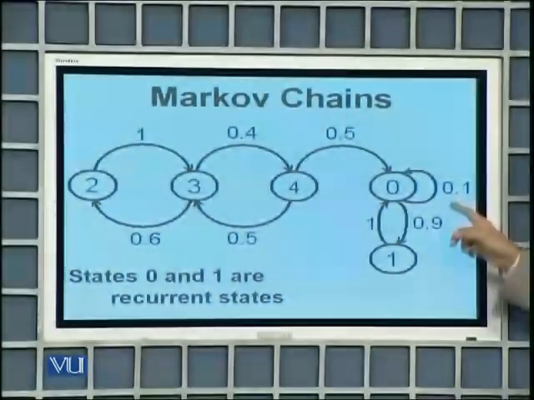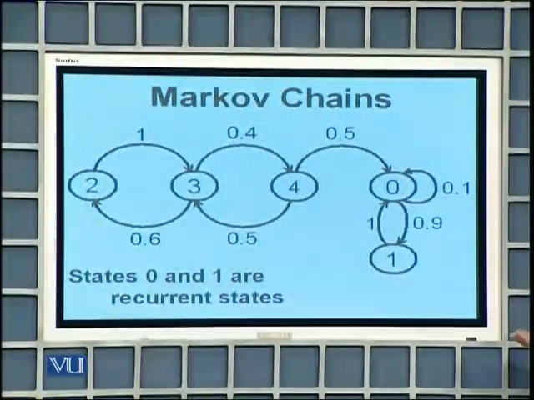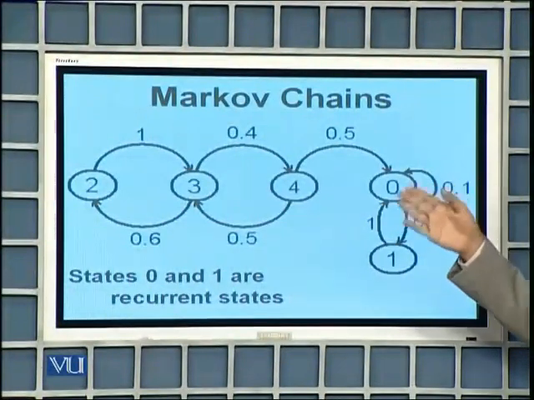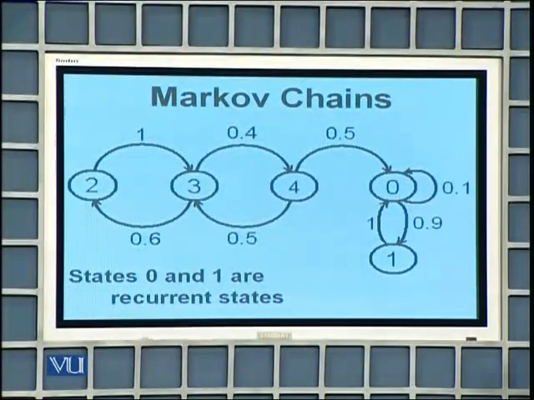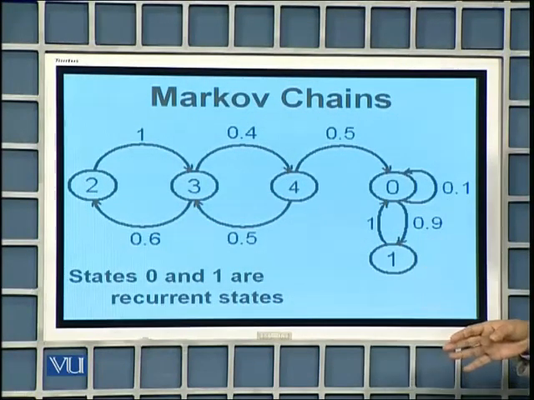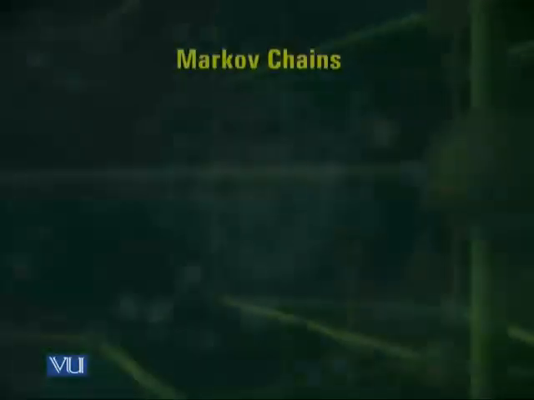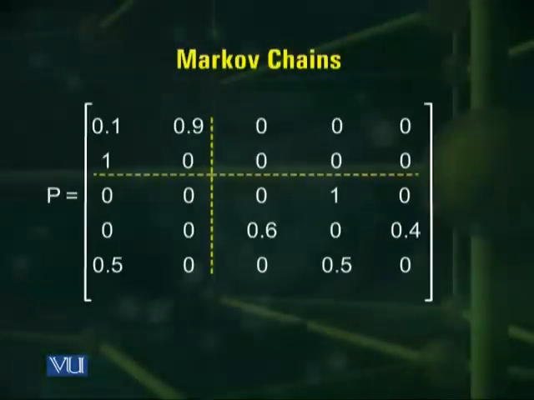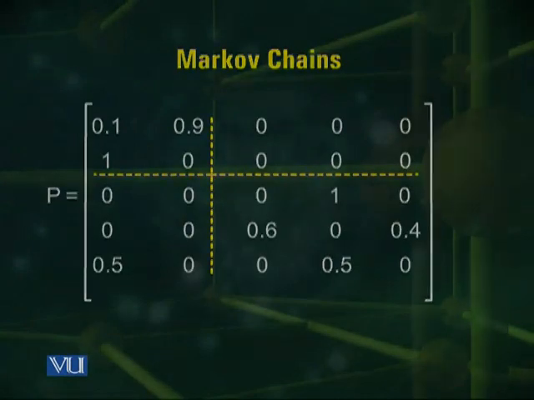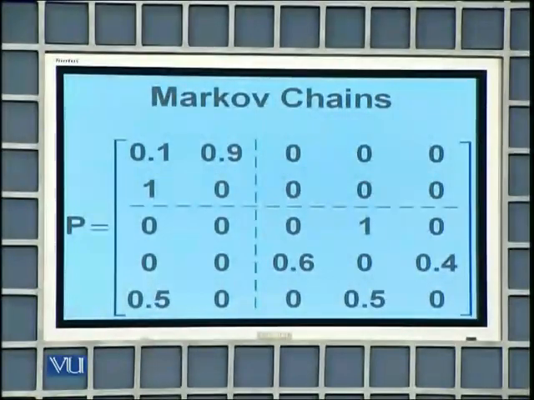Two of these states, 0 and 1, represent the recurrent class, and states 2, 3, and 4 represent the transient class.